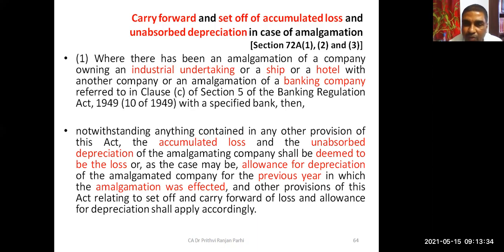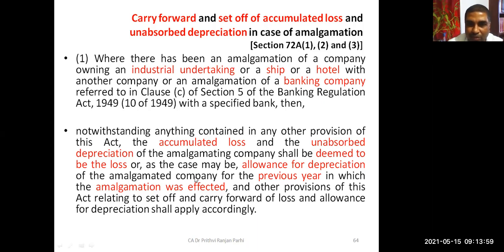Understood? Yes, sir. All other provisions shall apply means, suppose this is the loss of that previous year, and there is a time limit of 8 years, then a further 8 years is available to you. You can still carry forward. Understood? Are you getting my point?